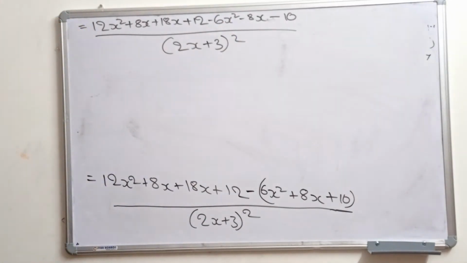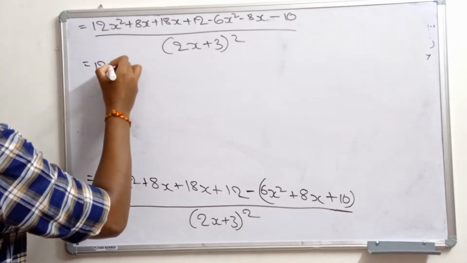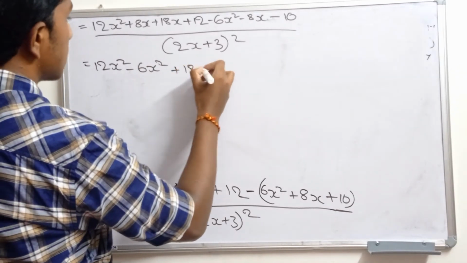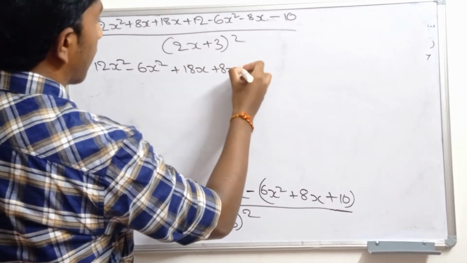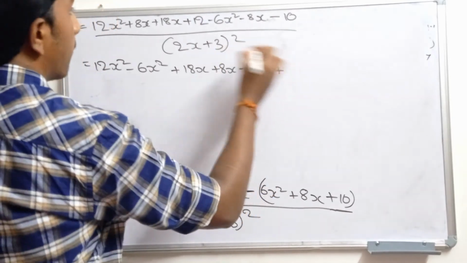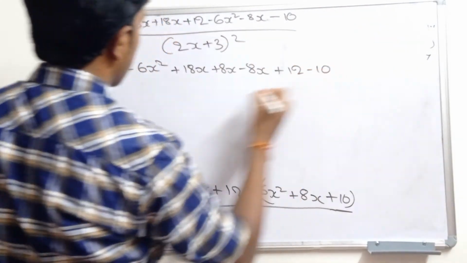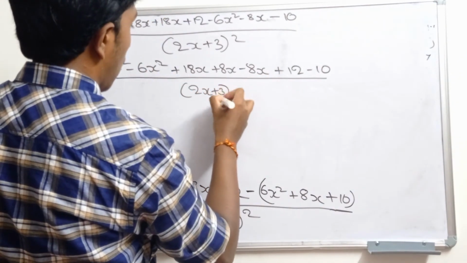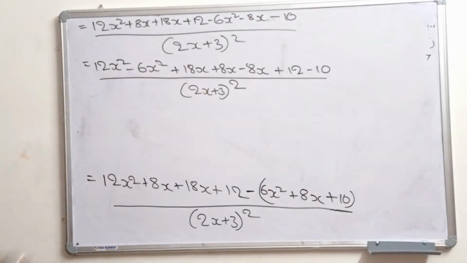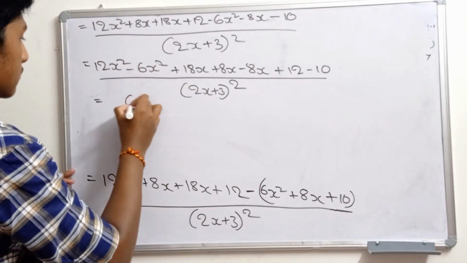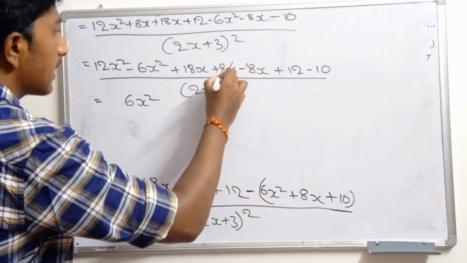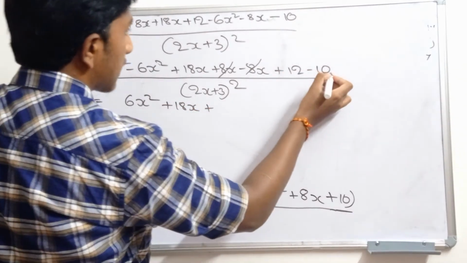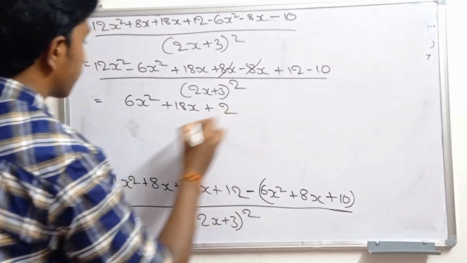First, shall we solve this in the proper order? 12x square minus 6x square, and 18x plus 8x minus 8x, and plus 12 minus 10, by 2x plus 3 whole square. So 12x square minus 6x square means we'll be getting 6x square, plus 8x minus 8x gets cancelled, 18x, and 12 minus 10 we'll be getting 2.